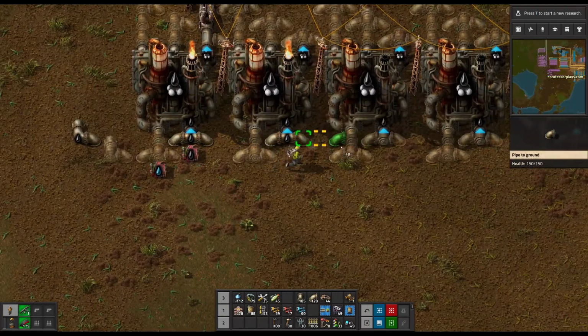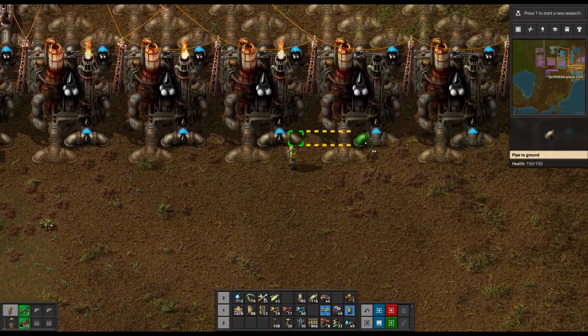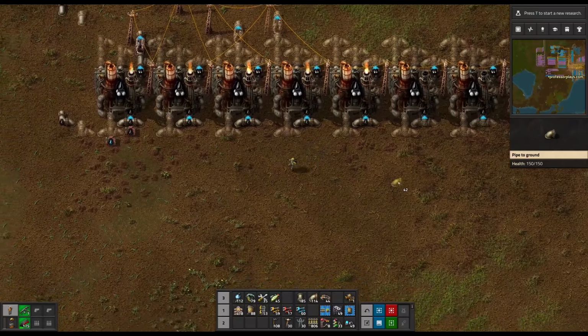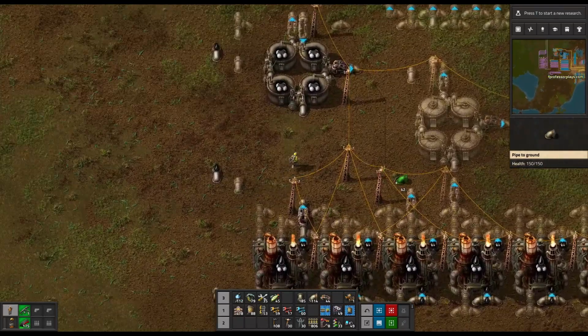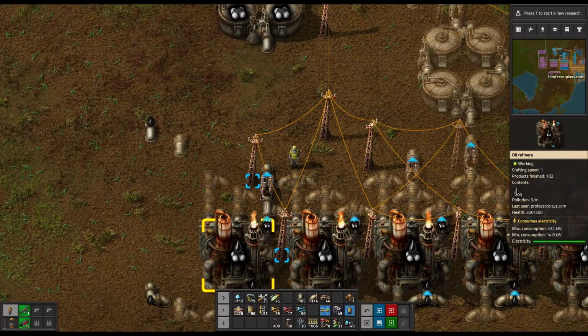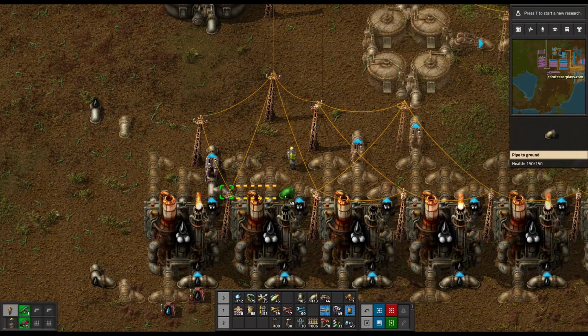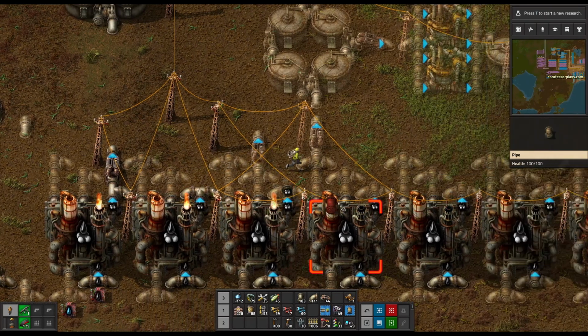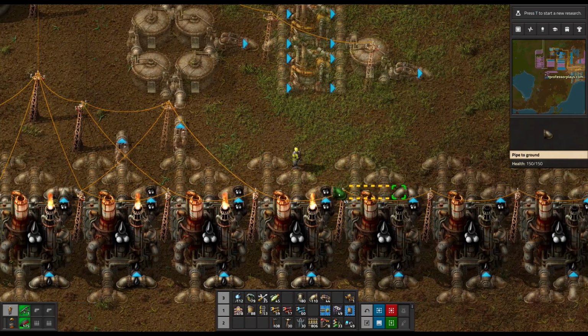Then you need the pipe to ground to connect the crude oil inputs, like that. And then the outputs: this pump is pumping the petroleum gas into these storage tanks, and then there's pipe to ground here on the other petroleum gas outputs, so you want to connect a few of those, like that.